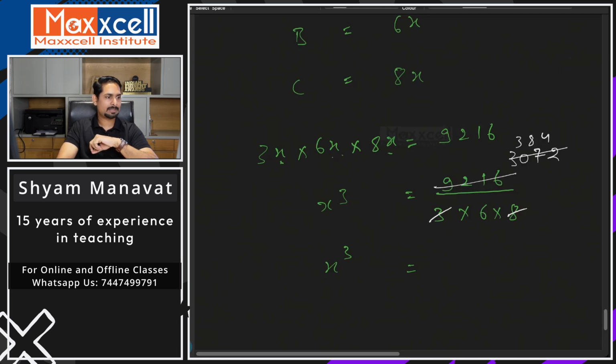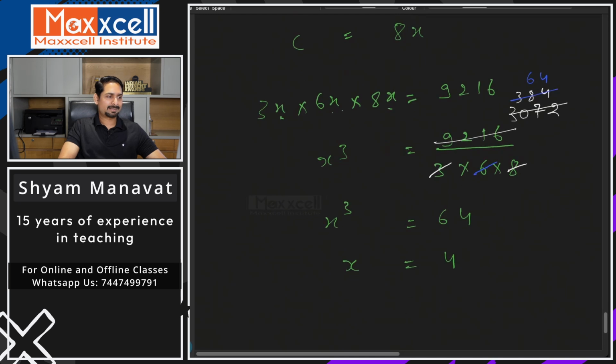Cancel by 6 here now. 64, correct. So after all the calculation you got 64. So x cube is 64. What should x be? Find out the cube root. What is the cube root of 64? 4. 4 cube is 64. Yes. So x, the common multiple, you got 4.